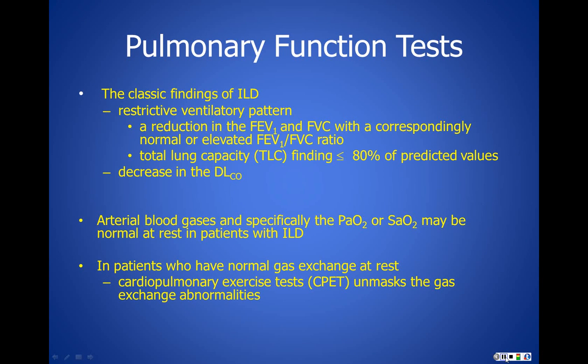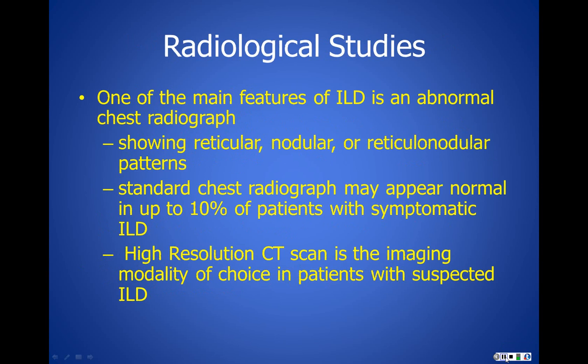And they also have decrease in the diffusion capacity for carbon monoxide. Okay? Arterial blood gases are helpful to find out whether patients are hypoxic at rest or not, or whether they are retaining carbon dioxide. If the patient is not hypoxic, you may want to do cardiopulmonary exercise test. The patient may be hypoxic during exercise test. Okay? That's very important for the further workup.